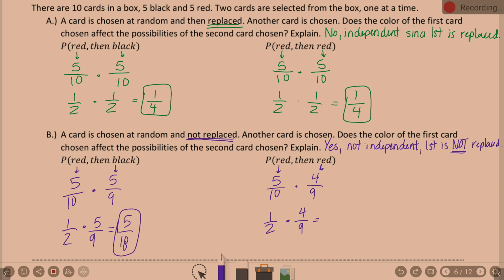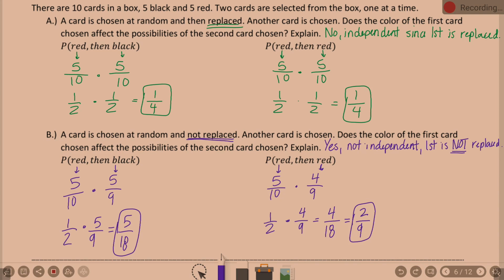You can multiply across, or you can cross cancel and then multiply across. If I just multiply, it's 4/18, which reduces to 2/9. Okay. Every problem's a little bit different, and that's what we have to watch for.